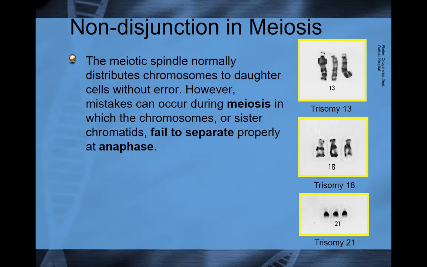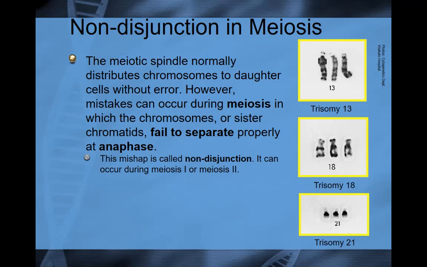And when these types of mistakes happen, the failure to separate during anaphase produces this extra or missing chromosome. Okay? This mishap is known as a non-disjunction and can occur in either meiosis 1 or in meiosis 2.